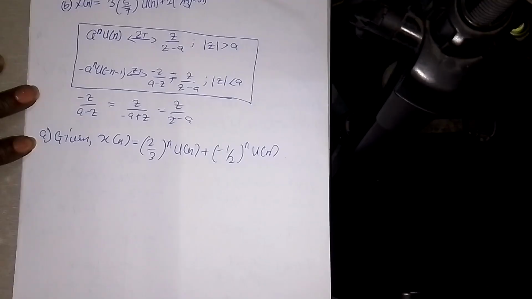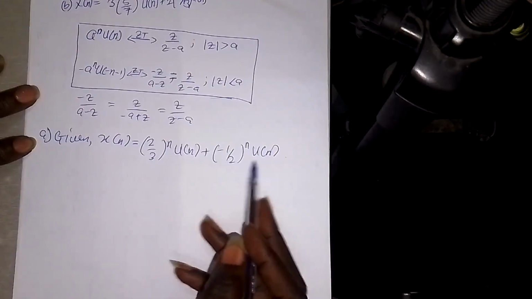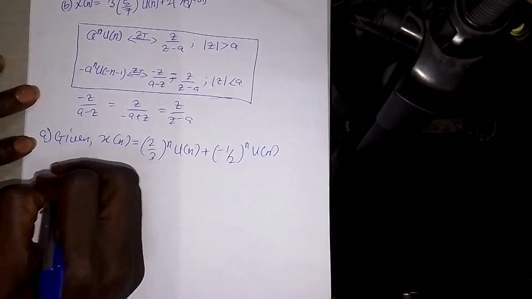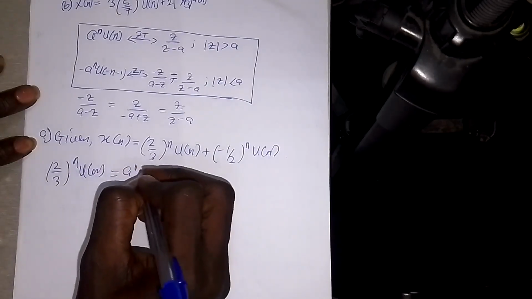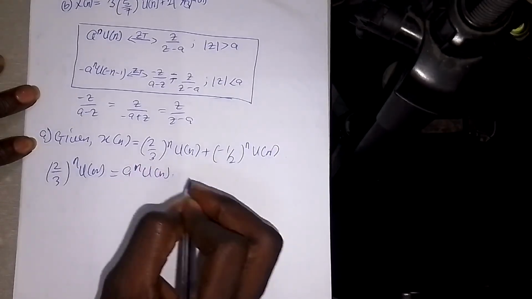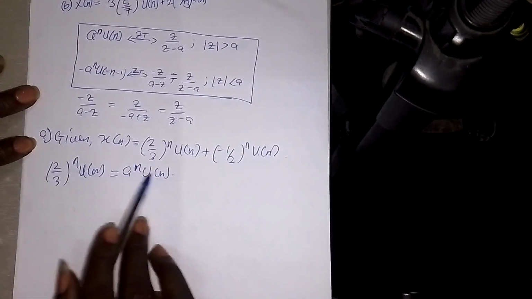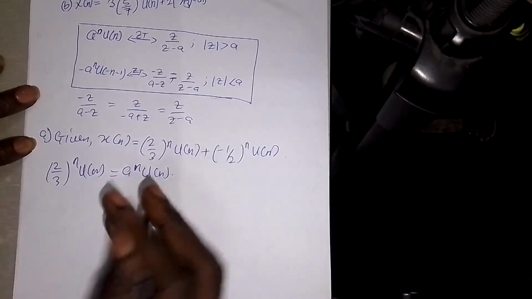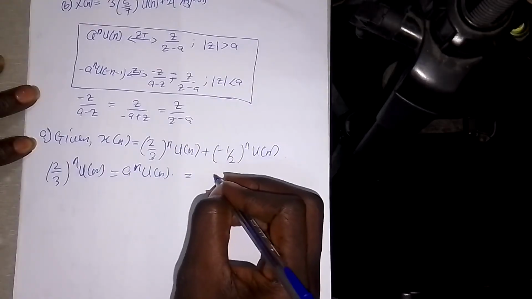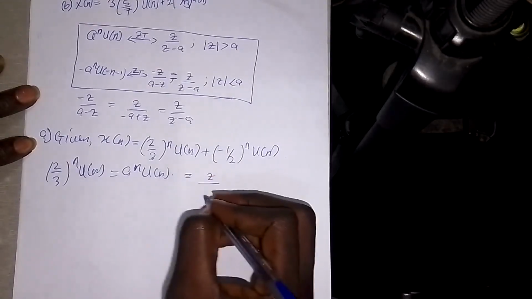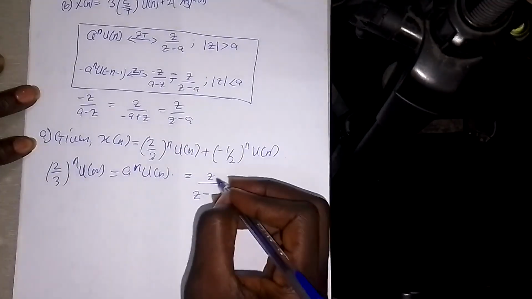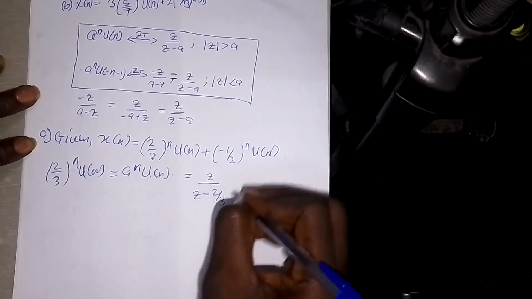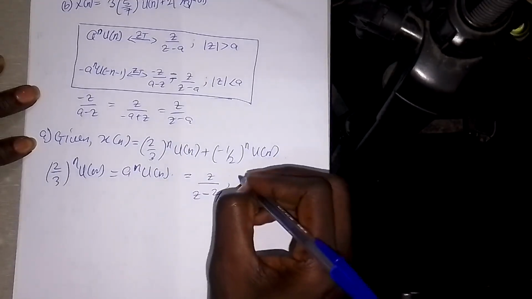Here we find them separately. Whenever you have (2/3)^n u[n], it is the same thing as a^n u[n]. So the Z transform of this one will be z over z minus a, and the a here is 2/3, so z over z minus 2/3.